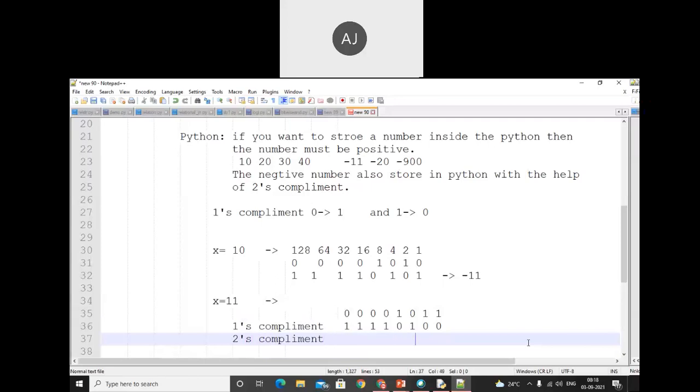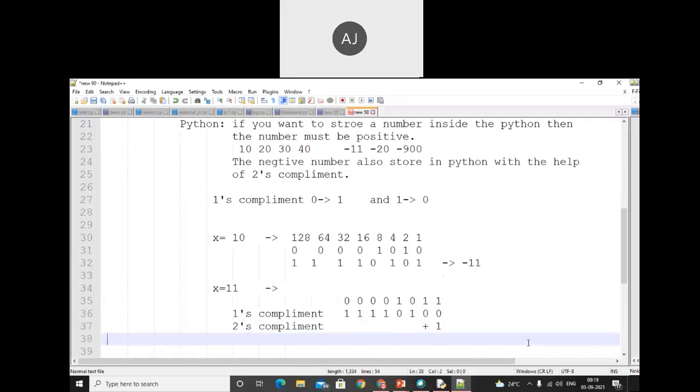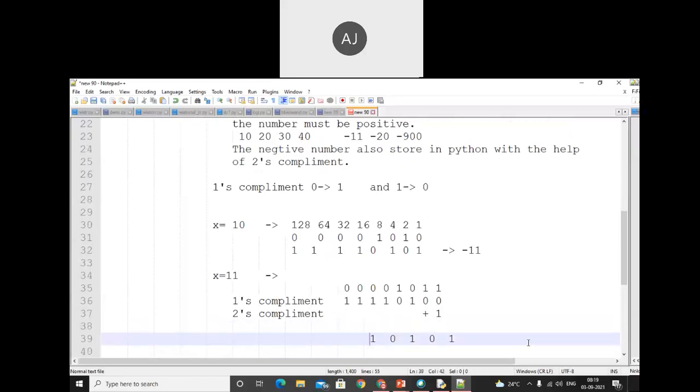Two's complement is nothing but we just need to add plus 1 to the actual value. So 0 plus 1 we get 1. So 0 stays as it is, 1 stays as it is, 0 stays as it is. The rest of all bits are 1 as it is.